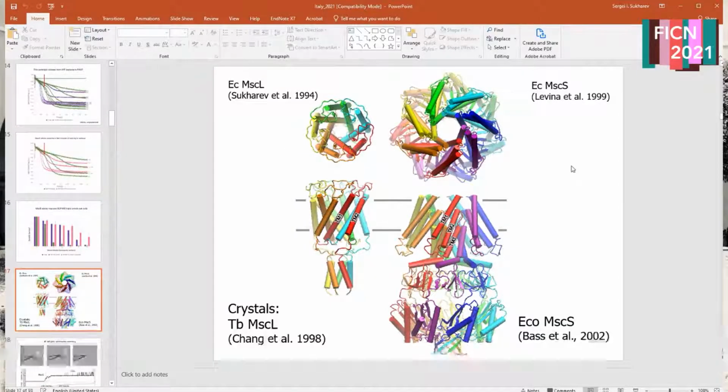So just to reiterate, this is MscL, which is a small molecule. It's a pentameric molecule with only 2 transmembrane domains. And MscS is a much bigger beast. It forms a smaller pore and smaller conductance, but nevertheless, it has a lot of very interesting features.